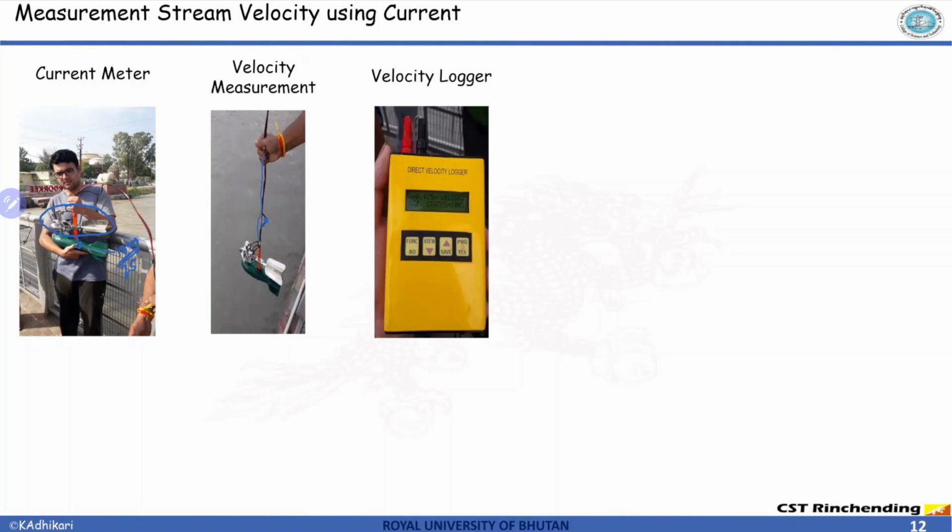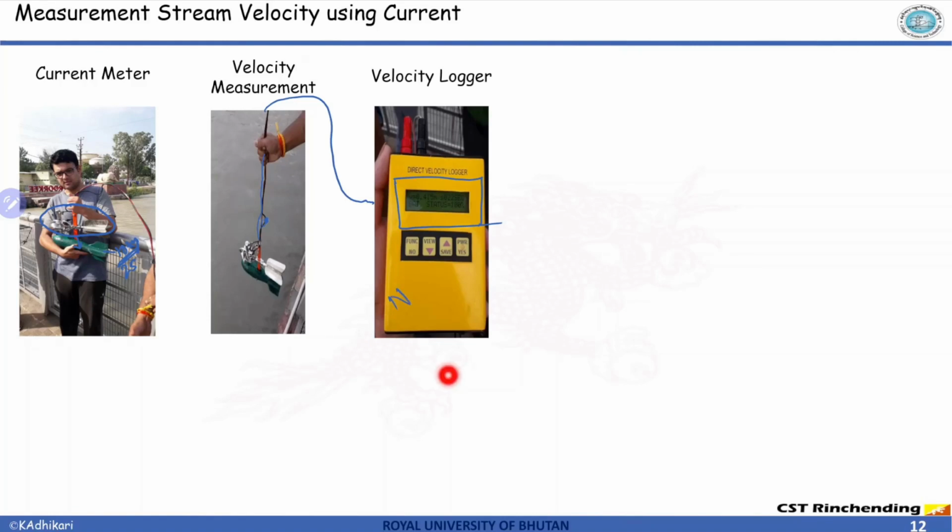And there are types of current meters. And yes, this is connected to a logger, and this logger directly gives you velocity. Nowadays, it will directly give you the velocity. In the olden days, it used to give us the revolution, the number of revolutions per minute.